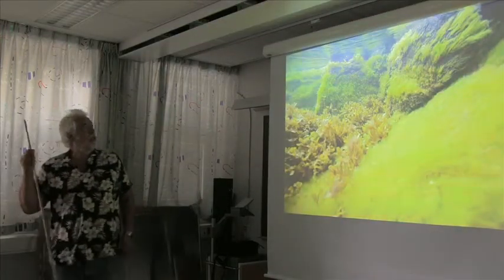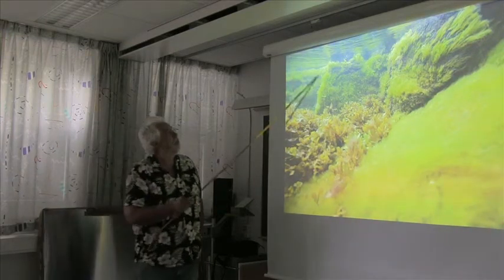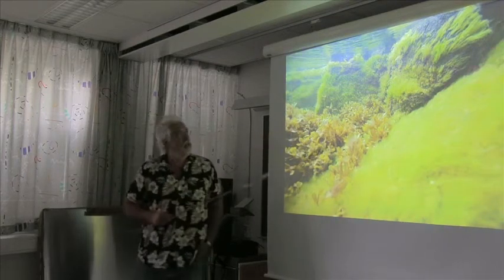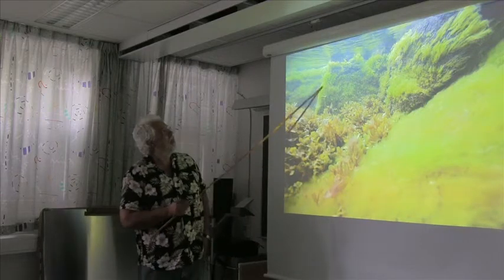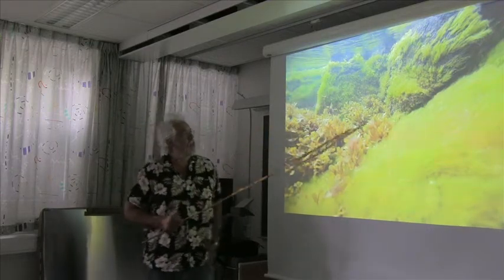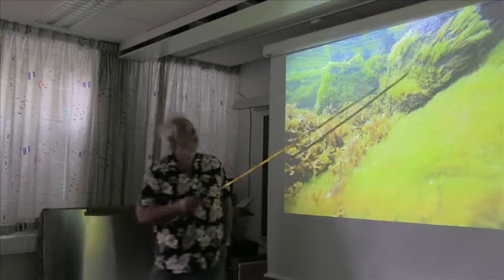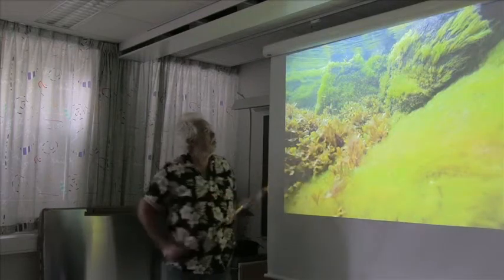So this is when you go to a little bit more exposed site. We have the upper 0.5 meter again with filamentous algae. In this case it's Cladophora glomerata, which is a freshwater species. You have the typical occurrence here.